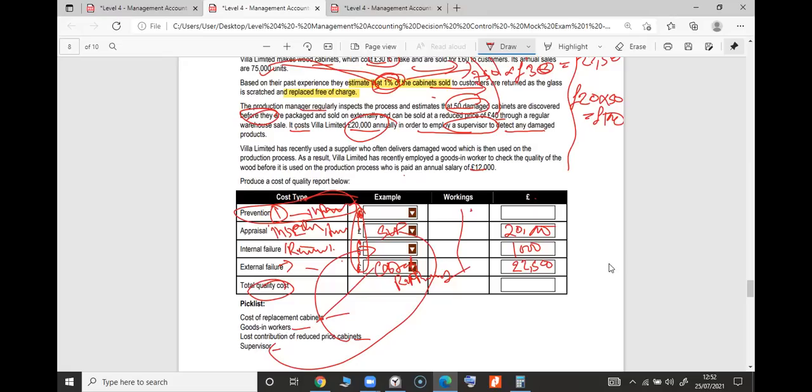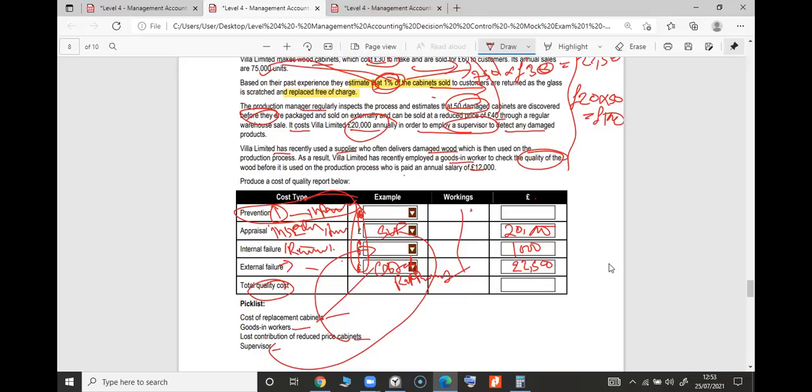And the last one, prevention. Villa Limited has recently used a supplier who often delivers damaged wood, which is then used in the production process. That's not good. As a result, Villa Limited has recently employed a goods in worker to check the quality of the wood before it is used in the production process.